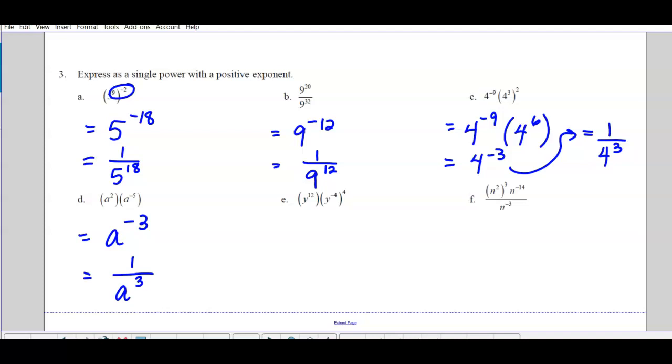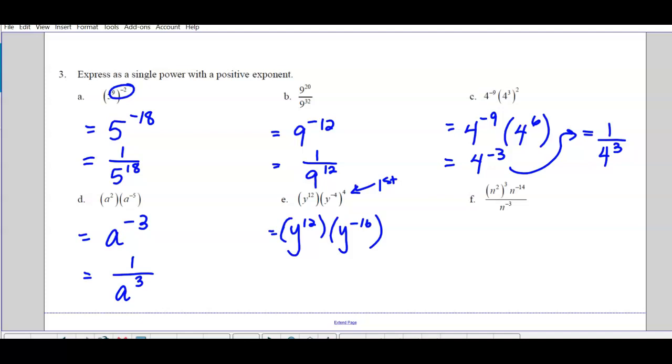Then this one, kind of like the last one, C on the last row, we're raising a power to a power first. So we have to do this part first. So it's going to be y to the 12. And then that's going to be y to the negative 16. And you multiply those exponents together. And then you're multiplying powers with the same base, so you add the exponents.